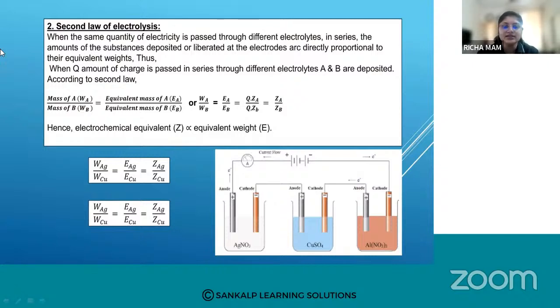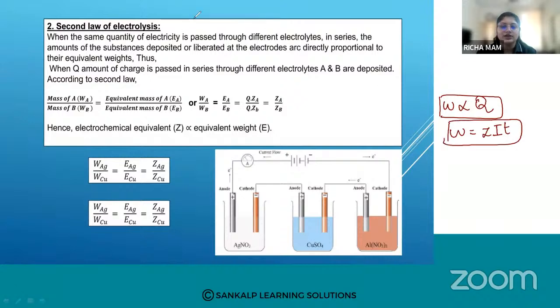In the first law of electrolysis, we saw that the amount of substance deposited or liberated at any electrode is directly proportional to the amount of electricity passed, Q. From that we got W is equal to Z into I T.